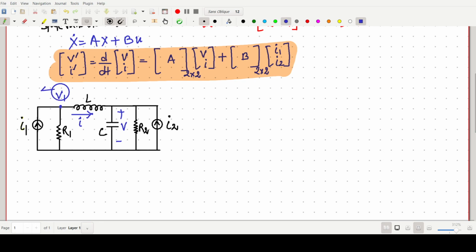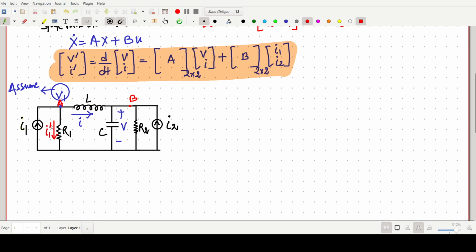Just assume this point is point A, and this point is B. One more thing, the current I am writing here is I1 dash.